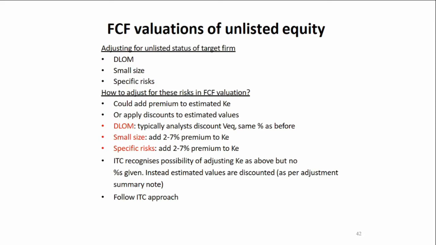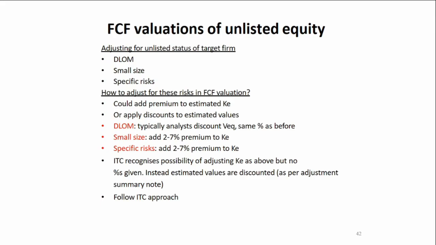If this is the case, then we will need to adjust to take into account that the companies are different sizes. There could also be specific risks between the listed company and the unlisted company that need to be adjusted for.